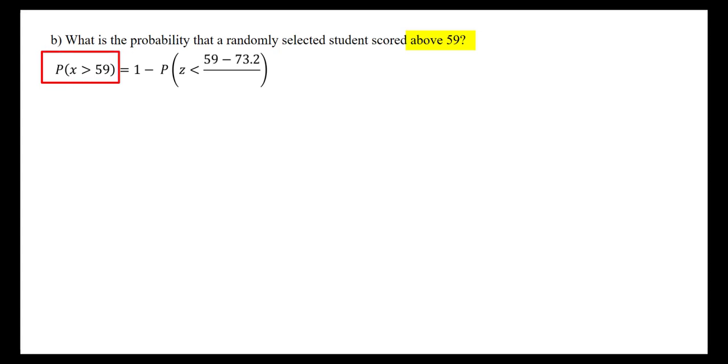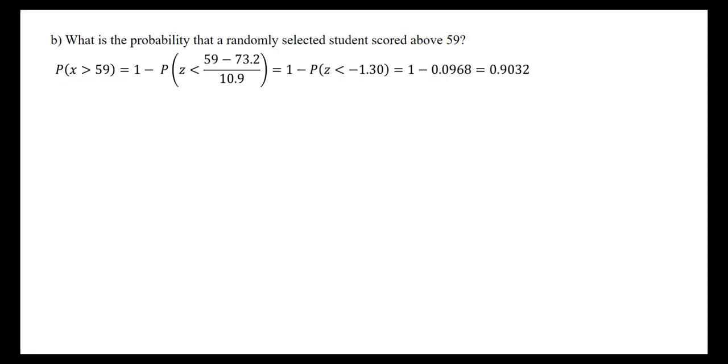Next, we want to find what is the probability that a randomly selected student scored above 59. Here we want the probability of x greater than 59. So we can find the z-score value again by taking 59 minus the mean divided by the standard deviation.